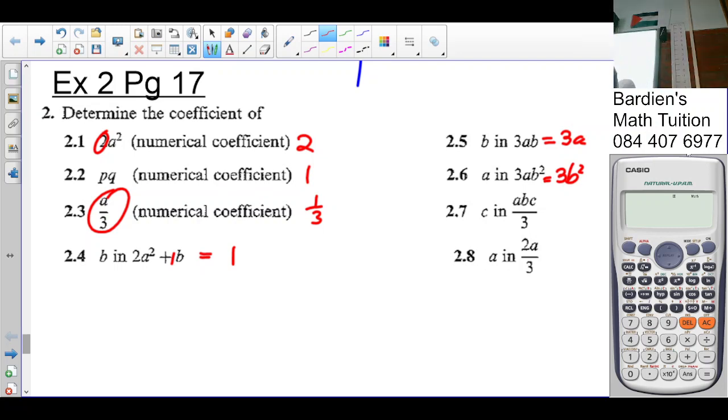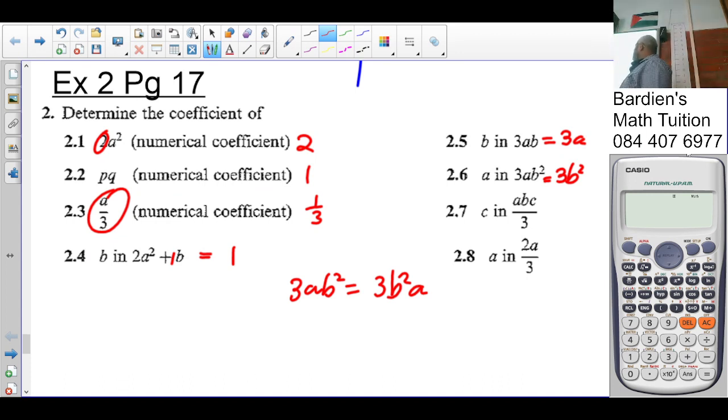The reason being that 3ab squared can be written as 3b squared a. Not so? So the coefficient of a is 3b squared. If they'd asked you what was the numerical coefficient of 3ab squared, the answer would have been 3. You all okay with that? Right?